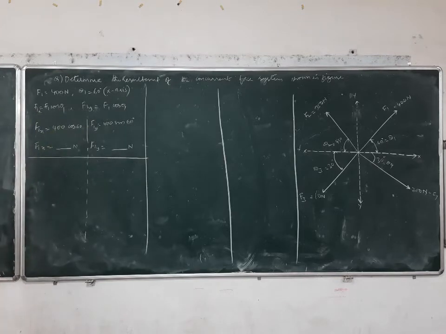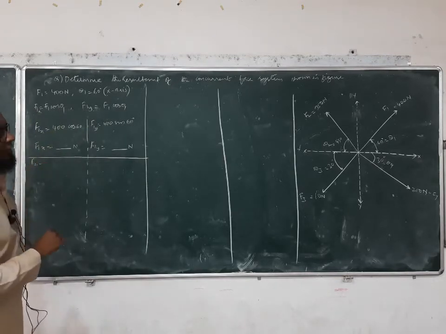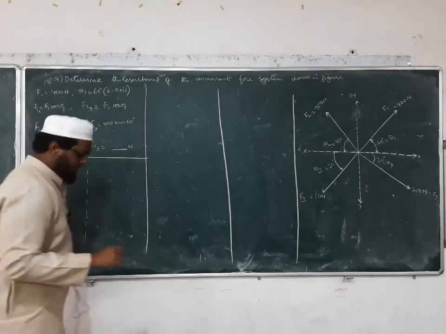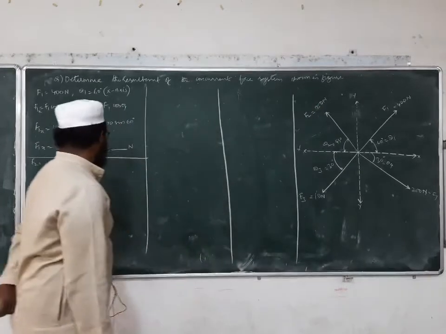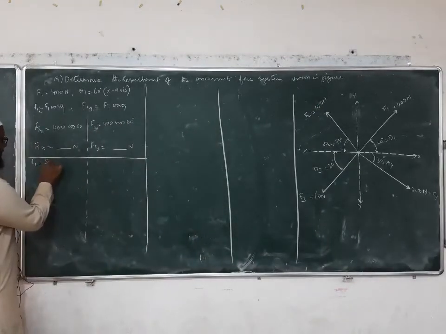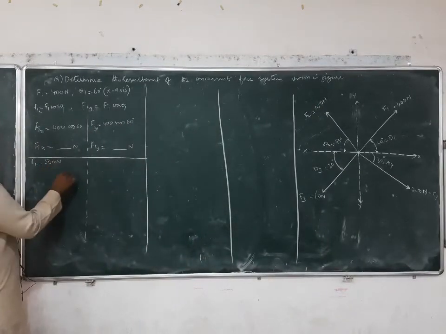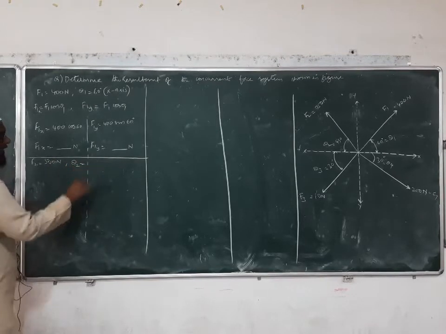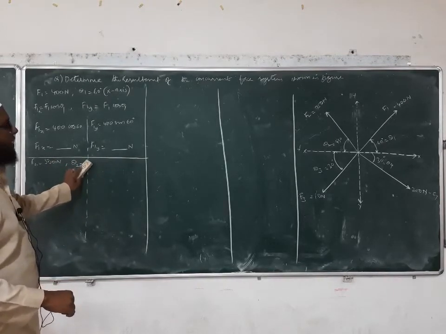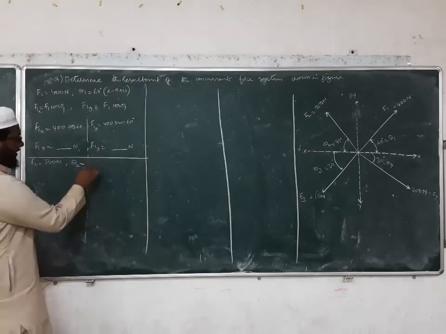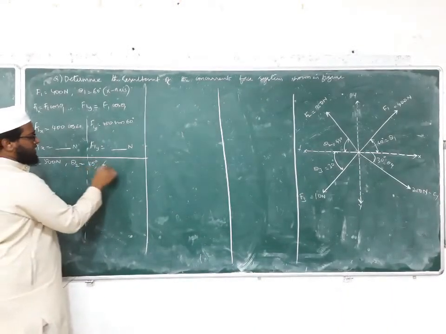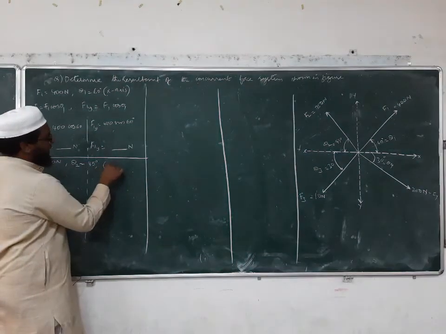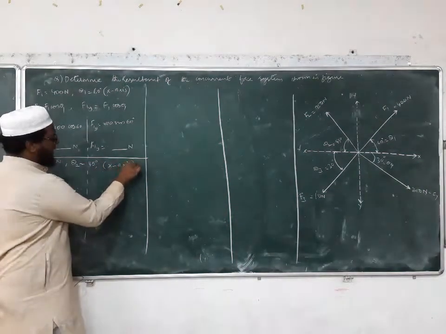What is the next force we have? F2. What is the magnitude of force F2? 500 Newtons. And what is the value of θ2? 45 degrees, and this force again makes the angle with the x axis.